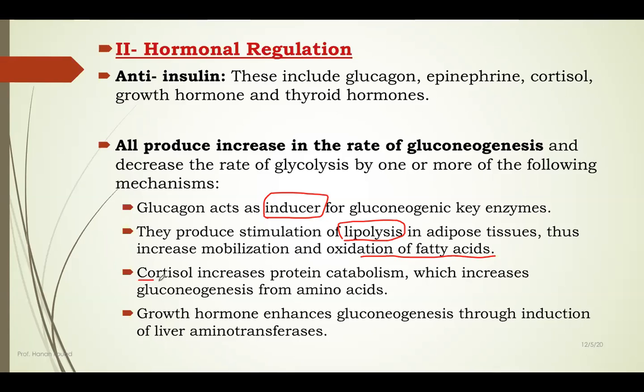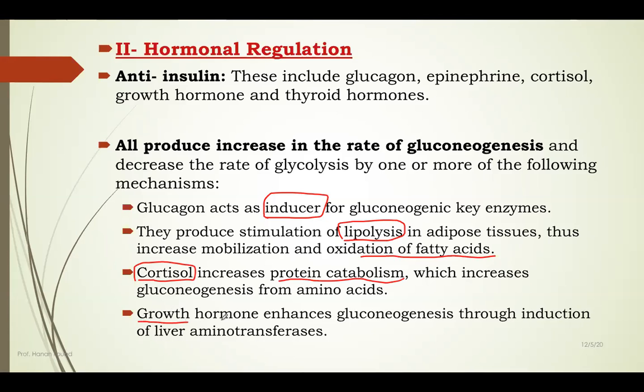Cortisol is one of the glucocorticoid hormones. This steroid hormone accelerates protein catabolism to break down the muscle protein to get available amino acids from which we can synthesize glucose during starvation. So it's very important to break down the tissue proteins, which are mainly muscle protein, under the effect of cortisol hormone, and this liberates amino acids from which we can synthesize glucose.